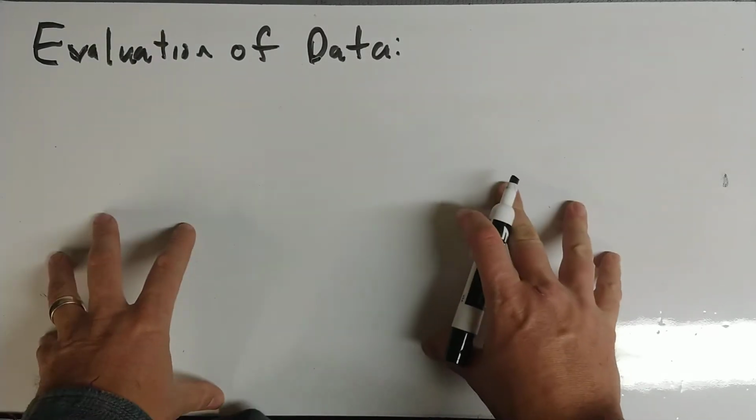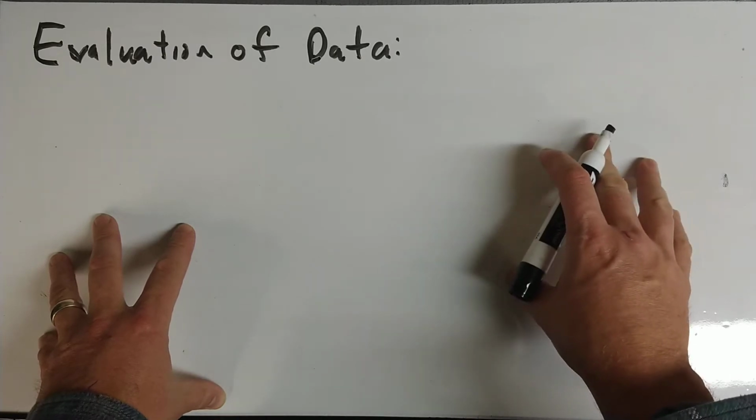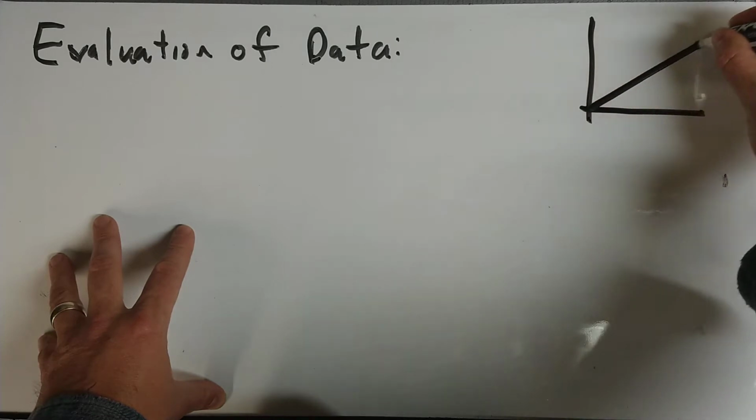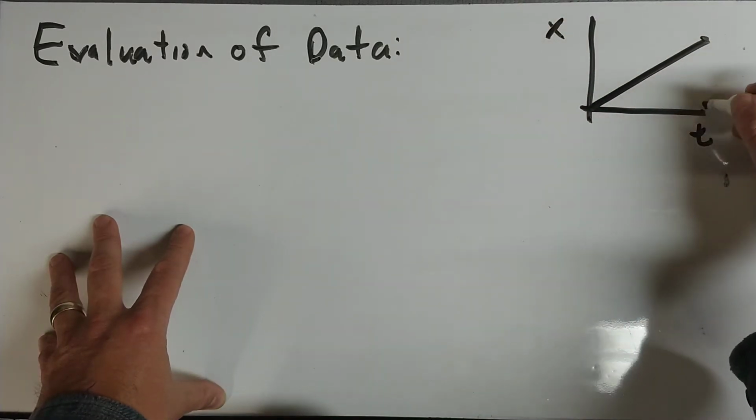So in the lab, right, we had our position versus time graphs. We saw that it was linear, x versus t, it was linear.